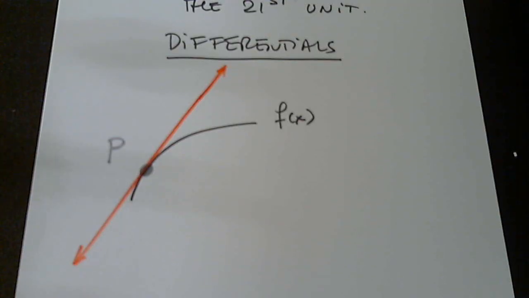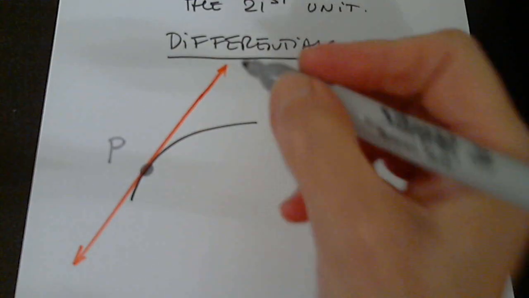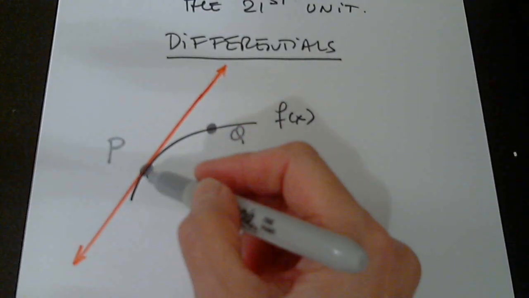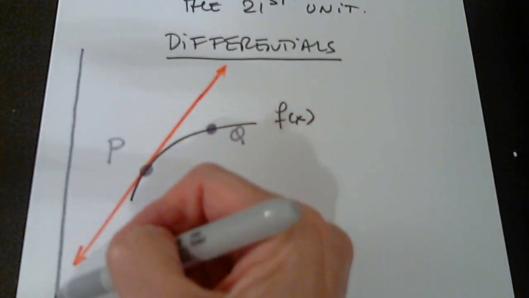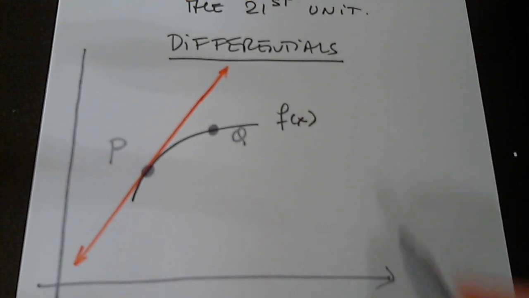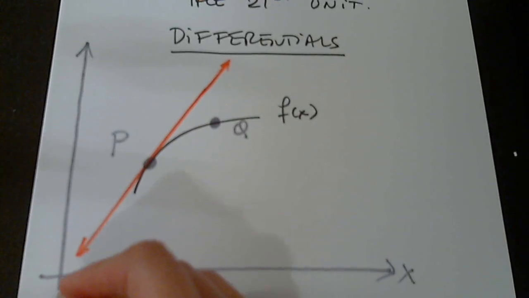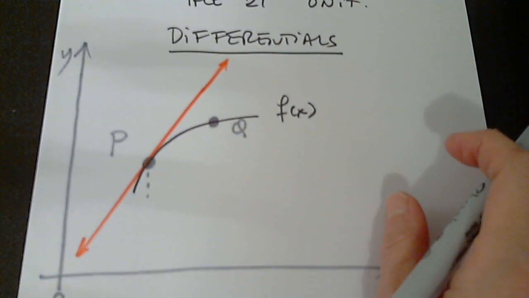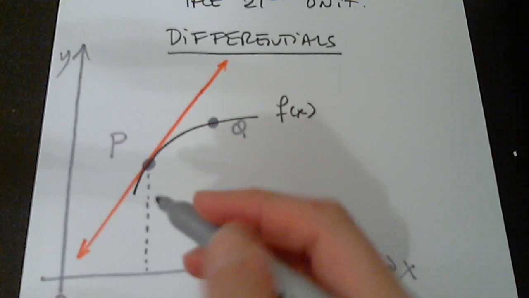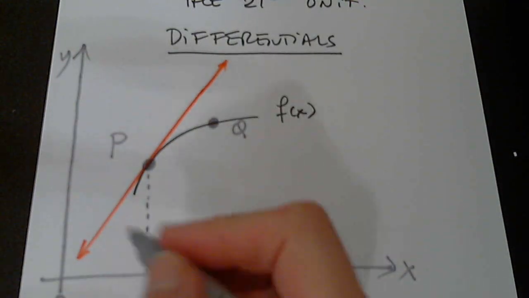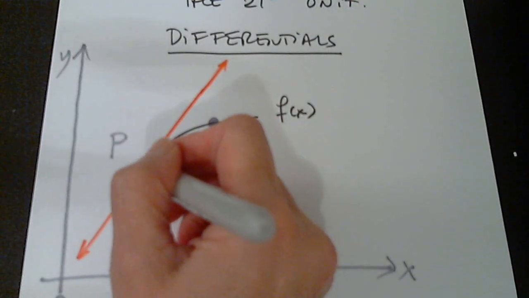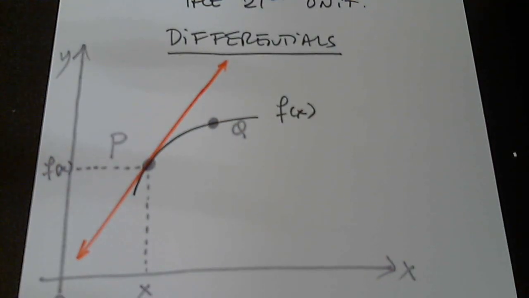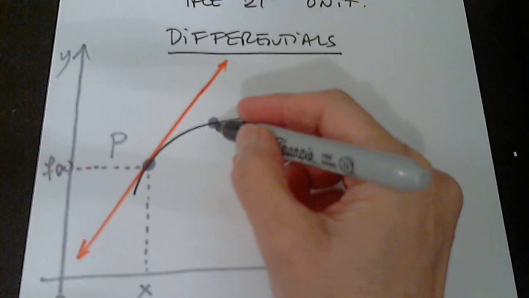Okay, I also have a point here, Q. And I'm just going to put everything in a coordinate system. And the coordinates of P are x, and I know you're going to say f of x, and the coordinates of Q.